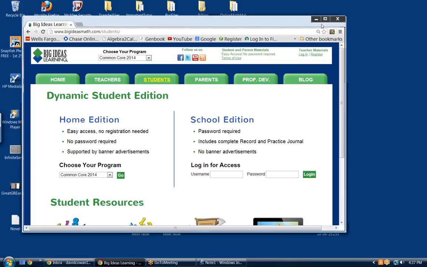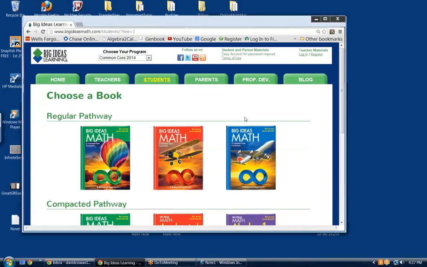Okay. Yep, and then you're going to want to go, instead of Common Core 2014 to the left, just regular Common Core. This one here? Go down to, yeah, go back.